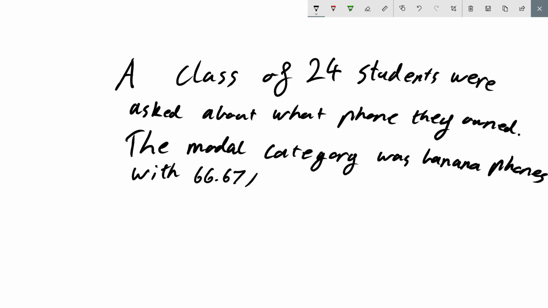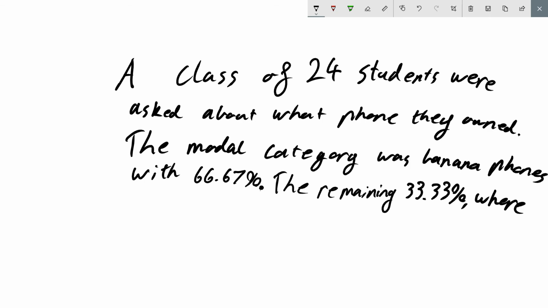Percentages are preferred. Now go through the rest of the categories, listing them and their percentages in order. So we'll go from the most to least frequent. So we can finish off saying that the remaining 33.33% were the HTTPS phone. And that will conclude our paragraph.